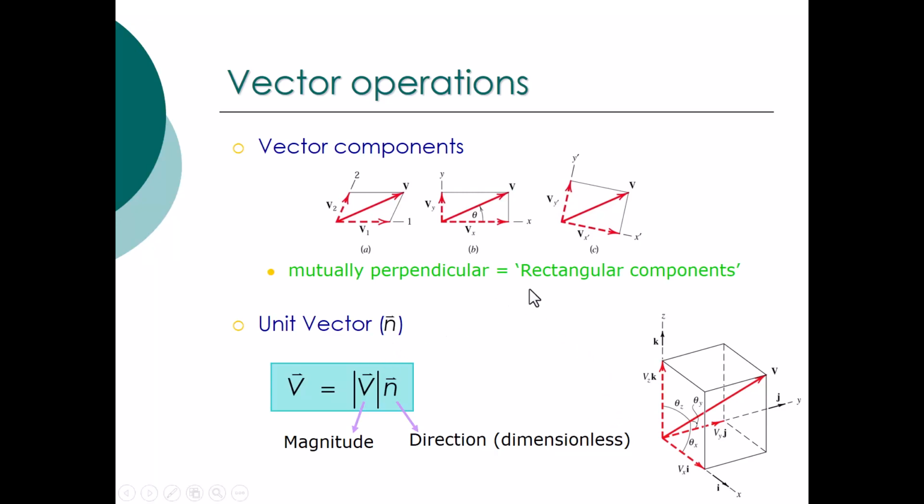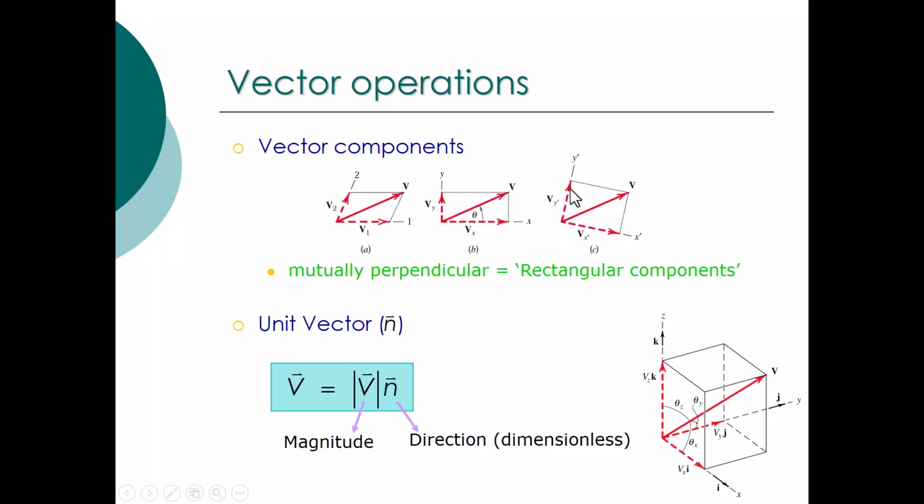Through this course, we're gonna see the rectangular components, which means that the vector can be the sum of two other vectors. So the vector is just a resultant of the sum of two other vectors.